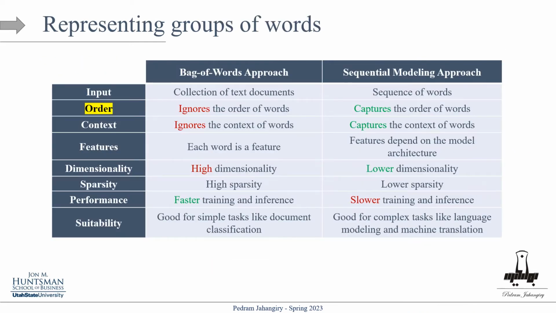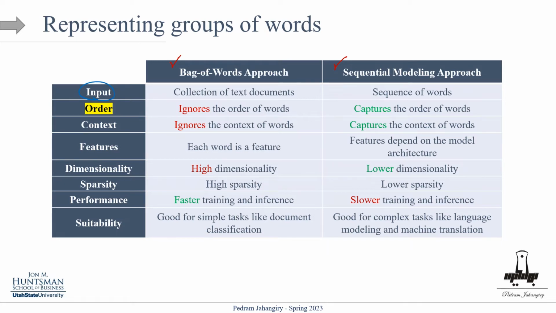Okay, for the modeling, depending on how we represent groups of words, we can come up with two types of modeling. One is the bag of words approach, the other is the sequential modeling approach. I think this table is going to help you understand the difference between the two. For the bag of words approach, the input is a collection of text documents, so it's a set of words.